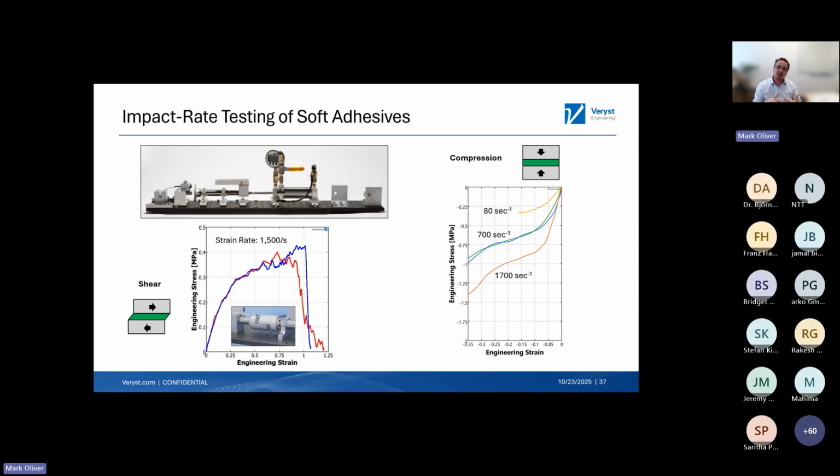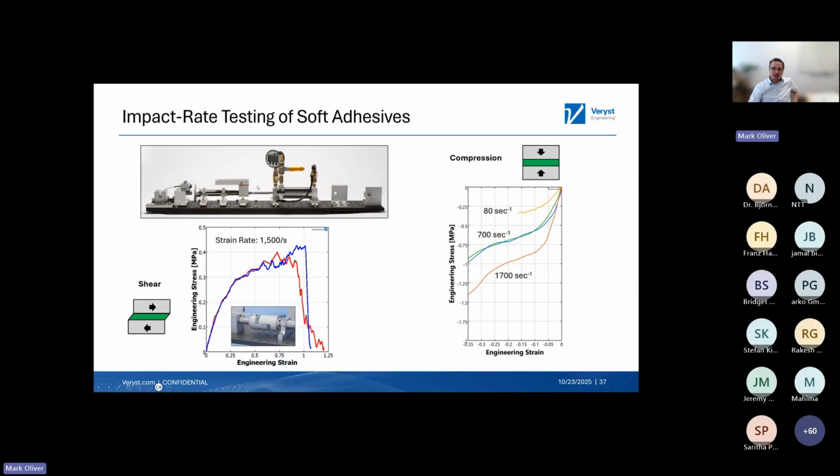The strain rates that the adhesive can see can be very high, right, into the thousands. And so if the strain rates you care about are in the thousands of strain per second, and the material is very rate sensitive, then there's no way to run a quasi-static test and extrapolate it out. So you actually have to get the data at the strain rates that are relevant to the application.